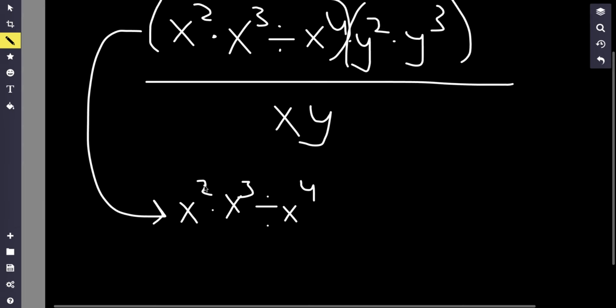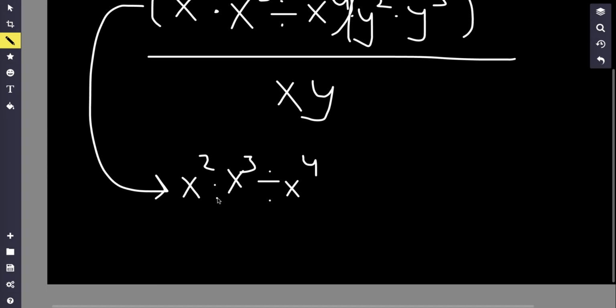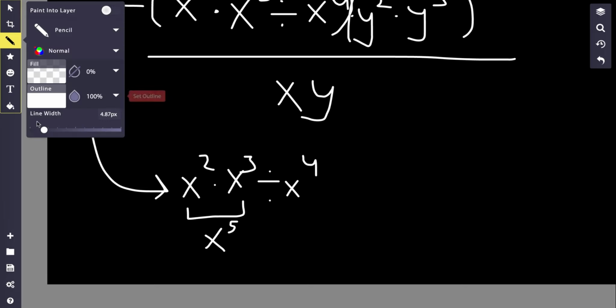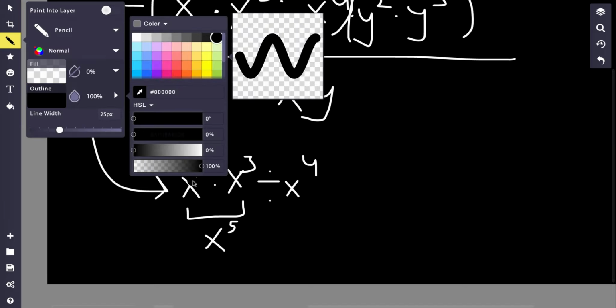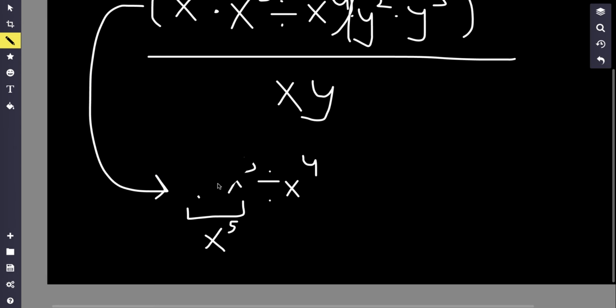X to the 2nd power times x to the 3rd power is going to be equal to x to the 5th power. Keep the same base, you add up the exponents. 2 plus 3 is equal to 5. So now let me just erase this. So now we can replace this with an x to the 5th power.